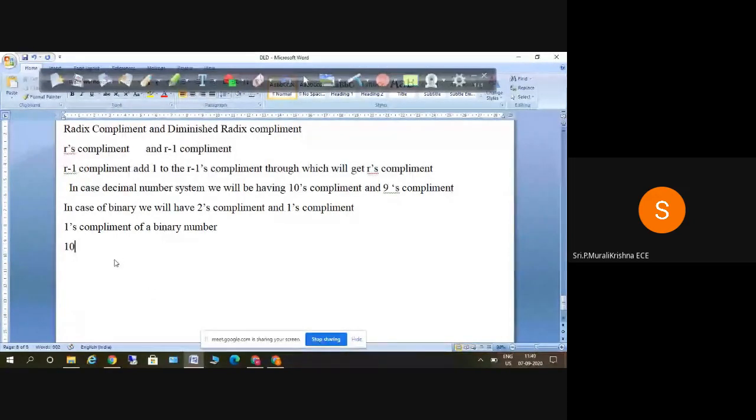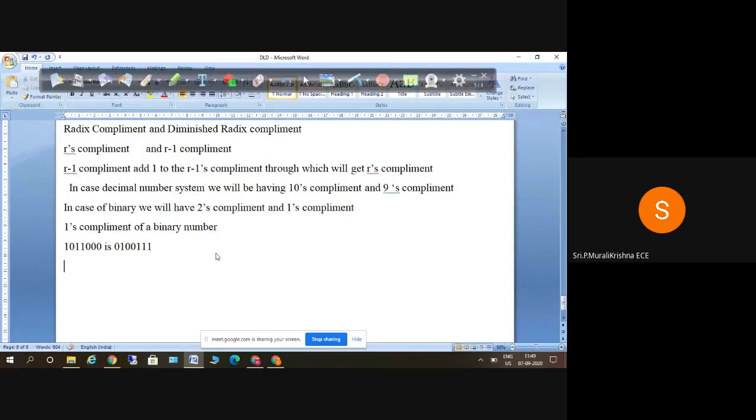For example, what is the 1's complement of 1011000? It is 0100111. So this is the 1's complement of this number, changing 1's to 0's and 0's to 1's.